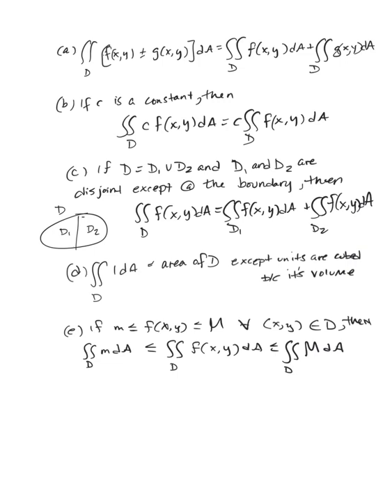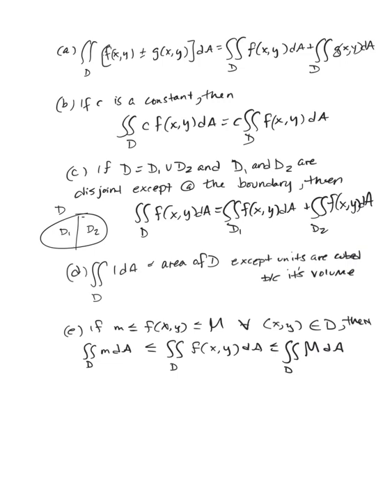For all A that are elements of your domain, the volume below the surface f of xy will be less than or equal to the volume below the upper surface, and since that surface is below M, that will be less than or equal to the volume below that surface.